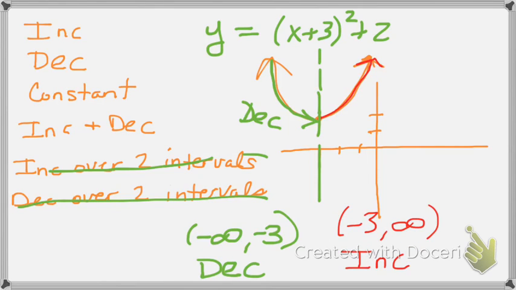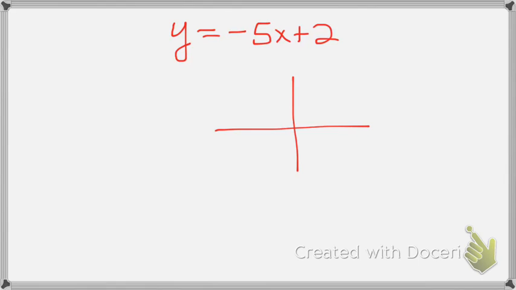All right, next example of that. Let's say I've got y equals -5x plus 2. Okay, well that's a downhill line, right? That crosses at +2. So I got a line that looks something like that. Would I choose increasing, decreasing, both, or constant? Decreasing. It's going downhill the whole time.